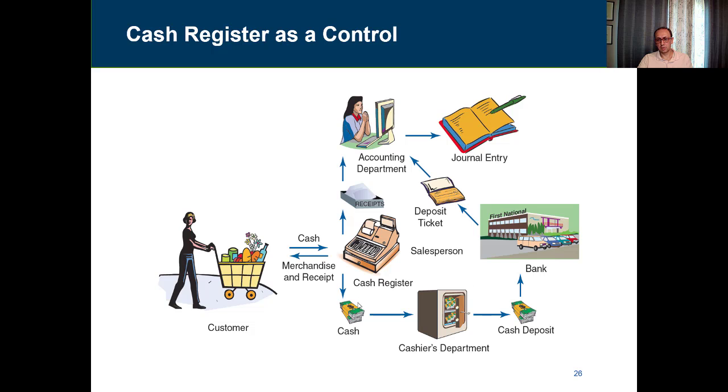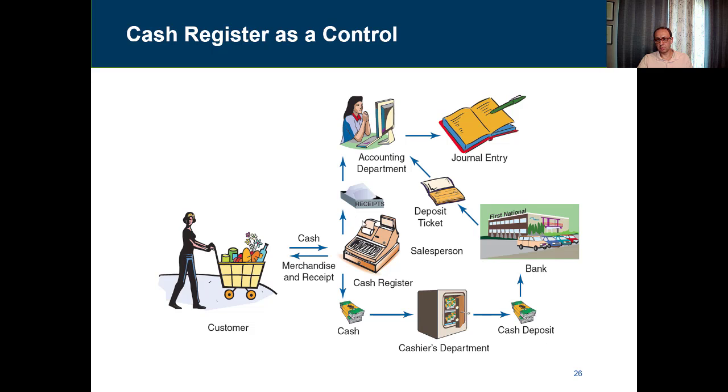The cash is collected by the cash register, and the cash register creates two copies of the receipt. One copy goes to the customer, and one stays with the register. At the end of the day, the cash register provides all the cash to the cashier's department, where they make a cash deposit, usually the next day, to the bank.